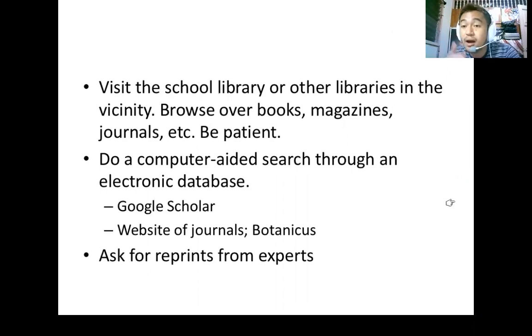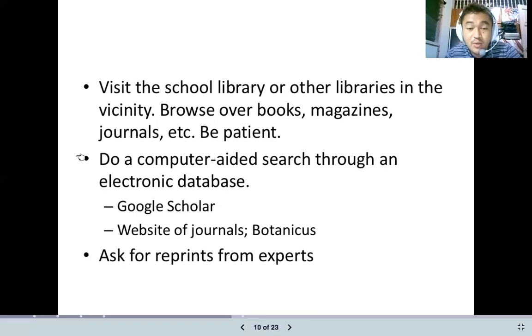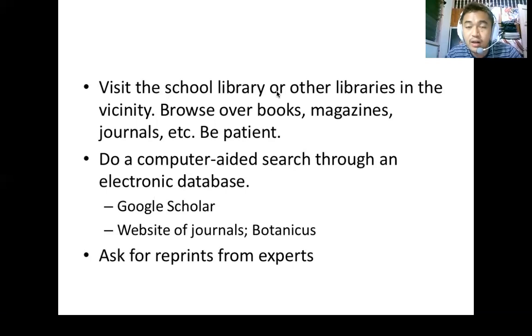But if you could not, especially during this pandemic, you could get information all over the internet. Do a computer-aided search through an electronic database. What is being depicted with this slide is getting your information in the library. But basically, I think that this is not anymore possible because of the pandemic.